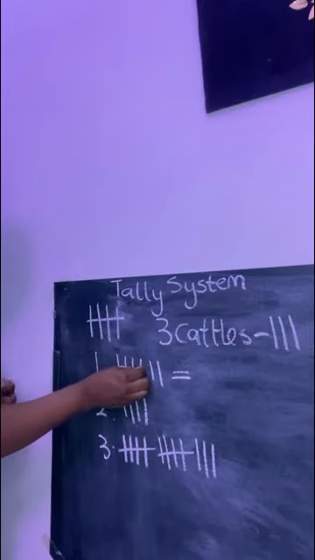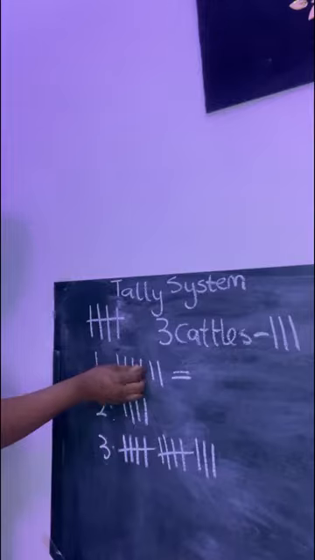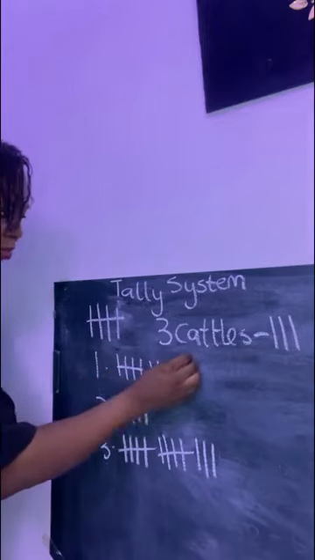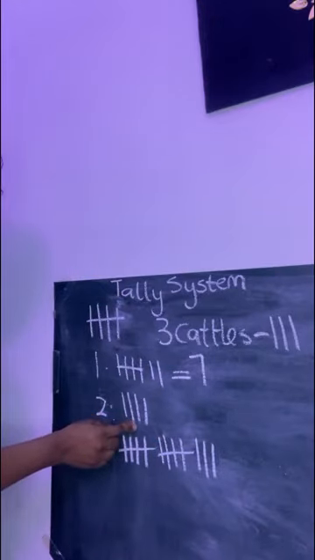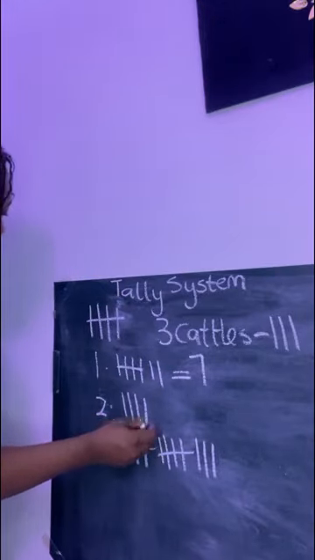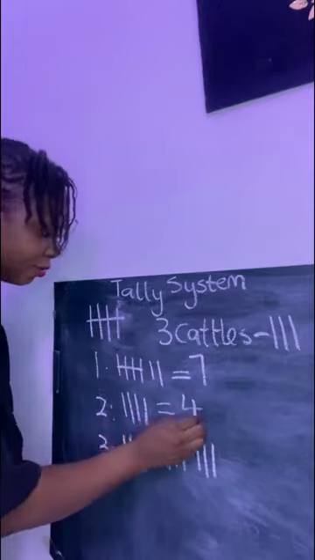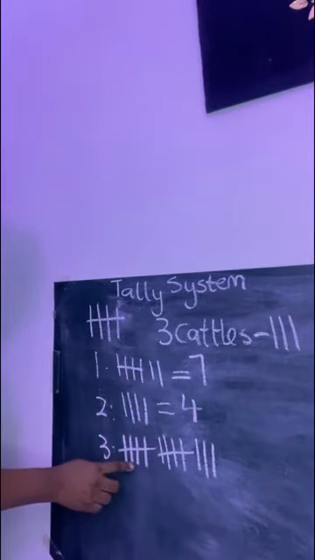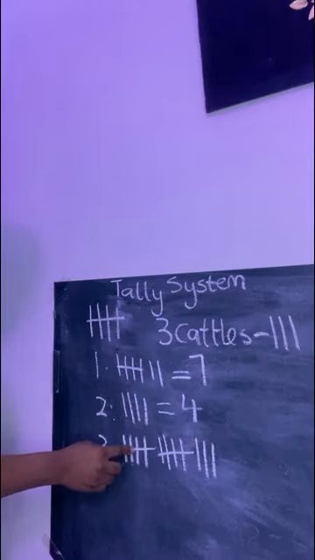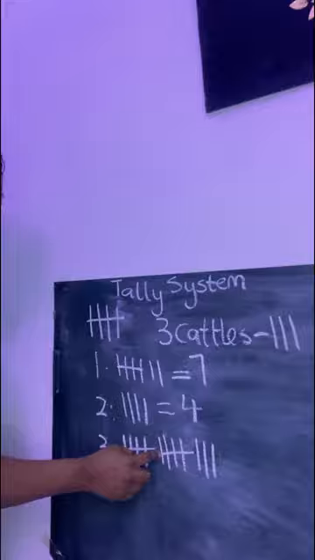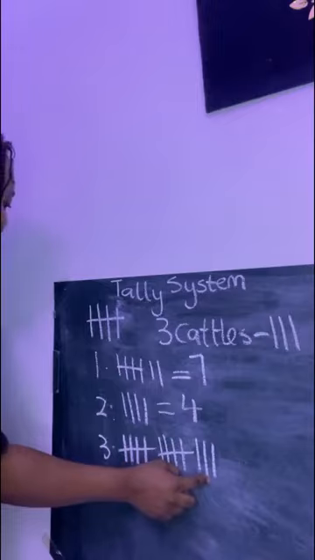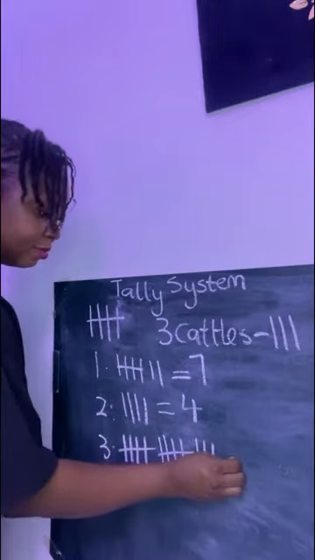Like I said earlier, tally marks come in a set of five. So this is 5, 6, and 7. This indicates 7. Let's count this. 1, 2, 3, 4. That is 4. Let's count this. 1, 2, 3, 4, 5, 6, 7, 8, 9, 10, 11, 12, 13.